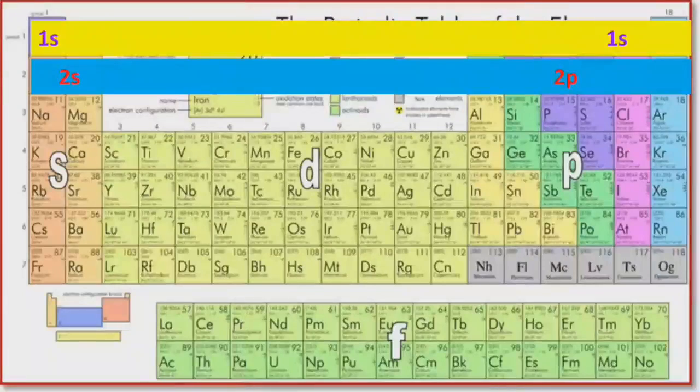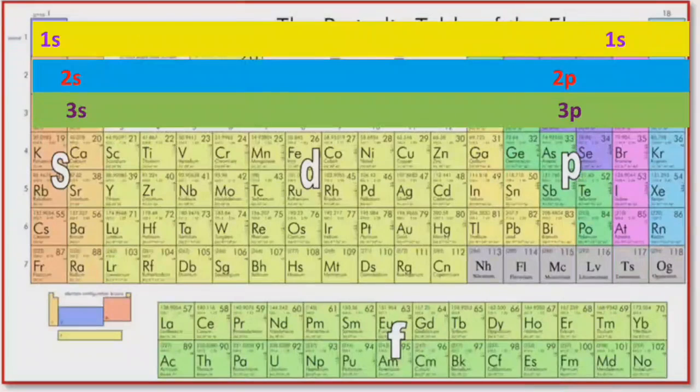If you observe the third period, sodium, magnesium, aluminium, silicon, phosphorus, sulfur, chlorine, argon, total 8 elements are there. In the third period, 3s and 3p orbitals are filled up.